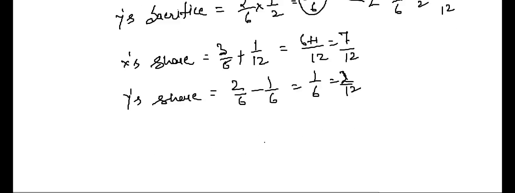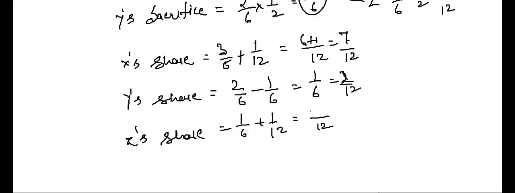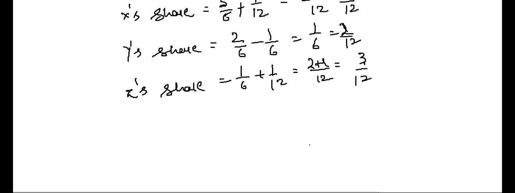What is Z's share now? Earlier Z's share was 1/6 and he has gained 1/12 from the sacrifice of Y. So this will become 3/12. So what is the new profit sharing ratio?